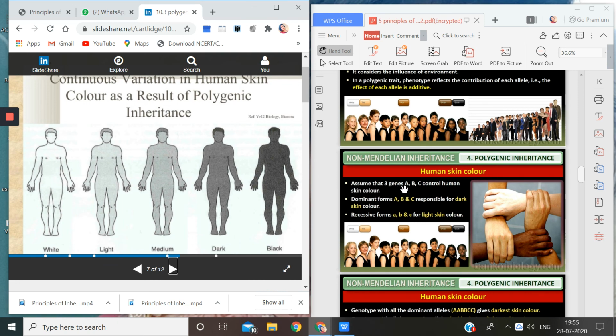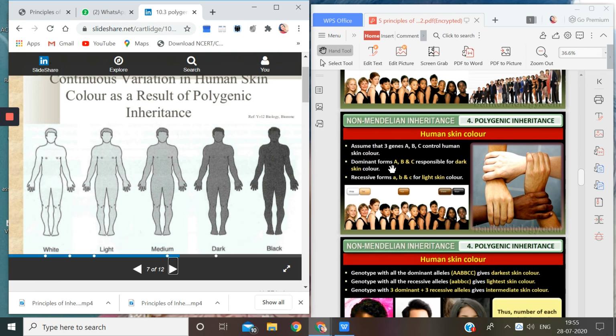Assume that 3 genes A, B and C control human skin color. Dominant forms A, B and C are responsible for dark skin color, and recessive forms of these will produce light skin color, right? So if I have got capital A, B and C, then I will be dark.